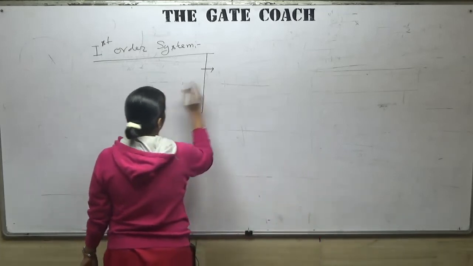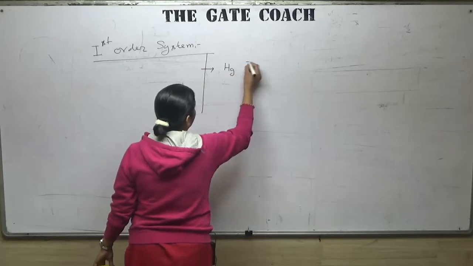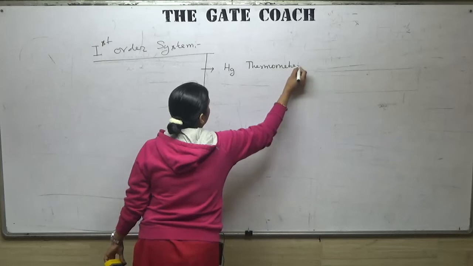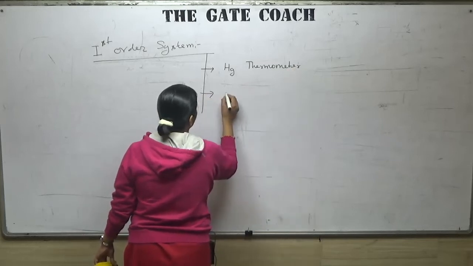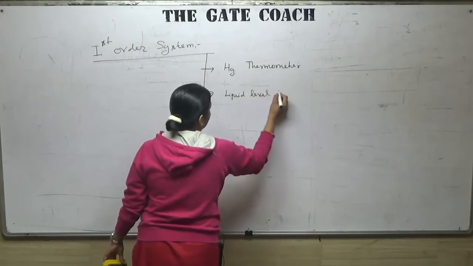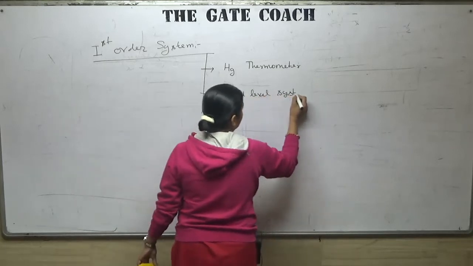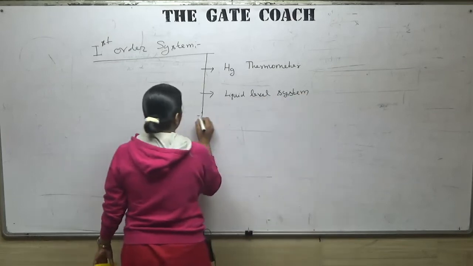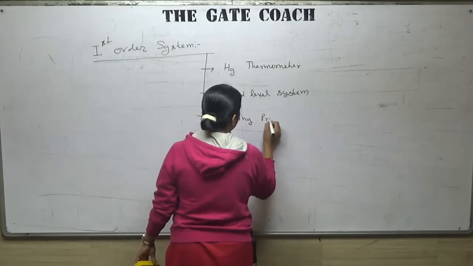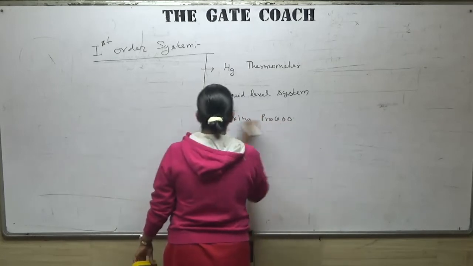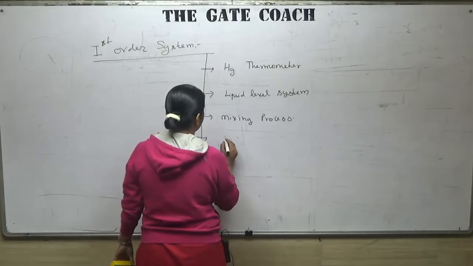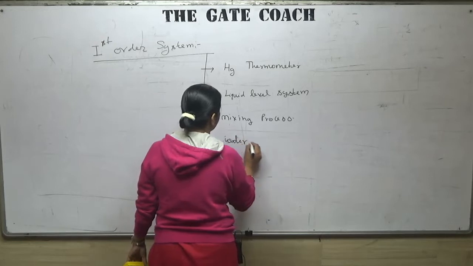Okay, the first order system examples: mercury thermometer, another one is liquid level system, next one is the mixing process, another one is heating system, water heating system or any heater system.